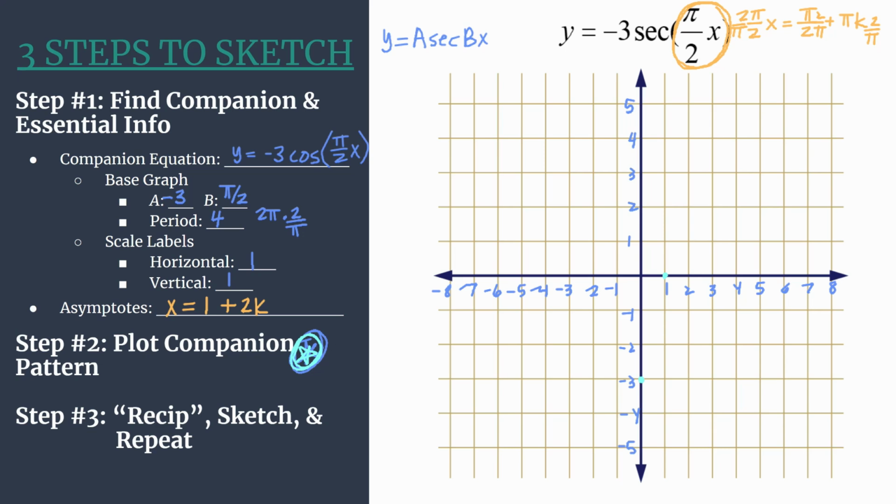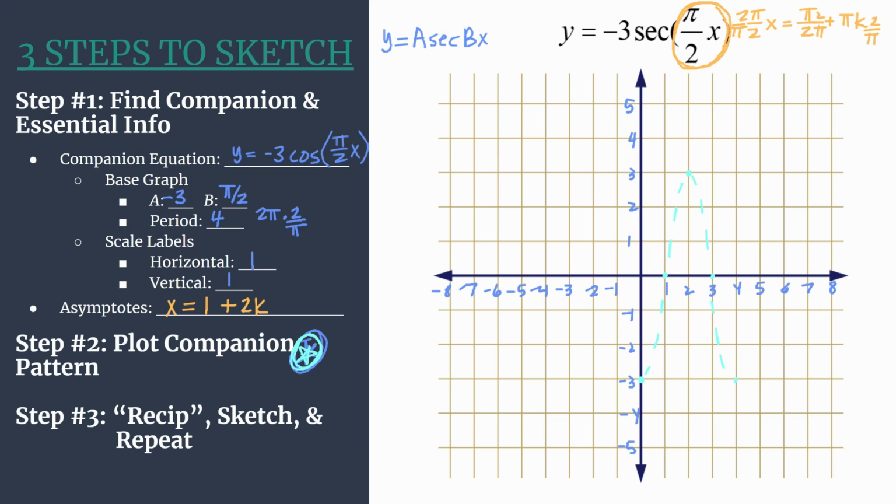Our maximum will happen at the next horizontal tick mark, and the y-coordinate is simply the opposite value of A. All right, then we have another x-intercept here at 3, and then we would start a repeat of the next cycle. So you can see that this would be the graph if you were actually trying to graph y equals -3 cosine of pi over 2x. That's what you have right here.